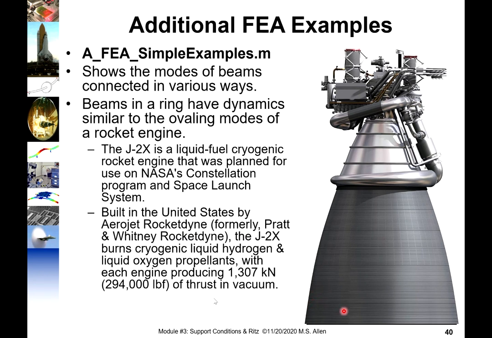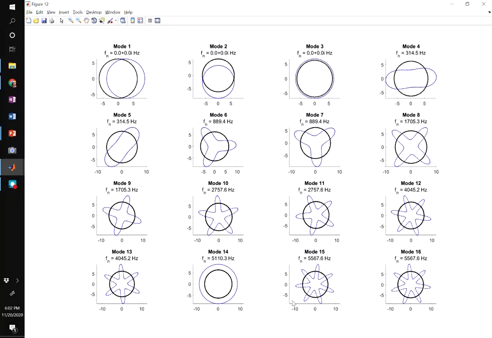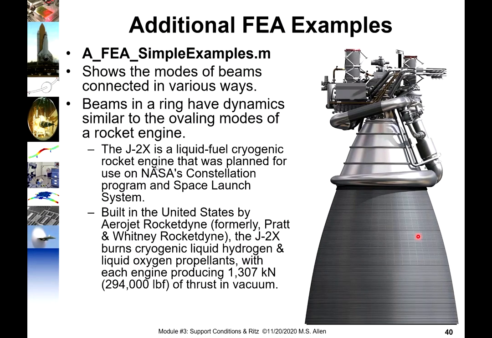And in any event, that basically exerts a side-to-side force or a lateral force on this engine. That can excite bending modes of the rocket engine. It can also excite all of these different types of ovaling modes. So these types of modes are very important, and a lot of engineering and thought goes into the stiffness and the strength of the engine when vibrating in those modes, to make sure that they can survive flight.